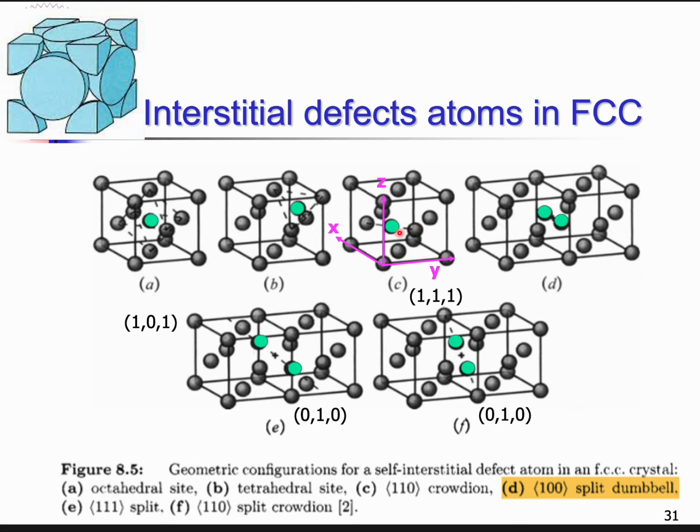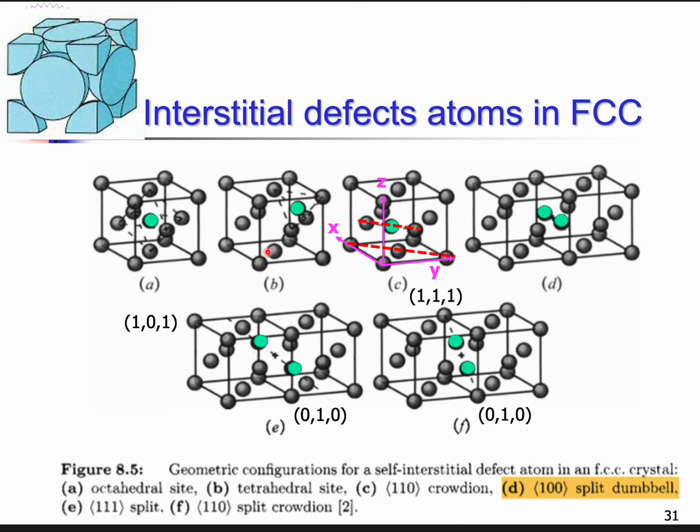And if you link these 2 atoms, the direction is along 110. So we call this type of self-interstitial defect a 110 crowdion.